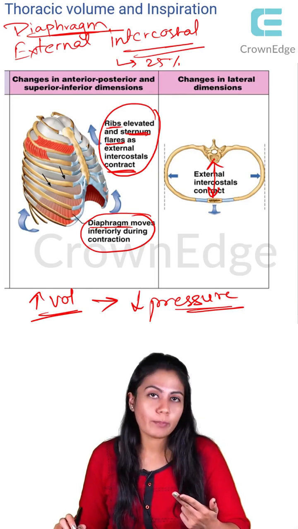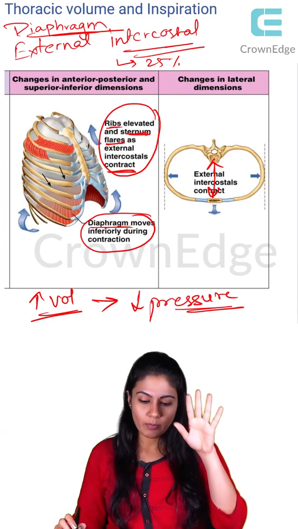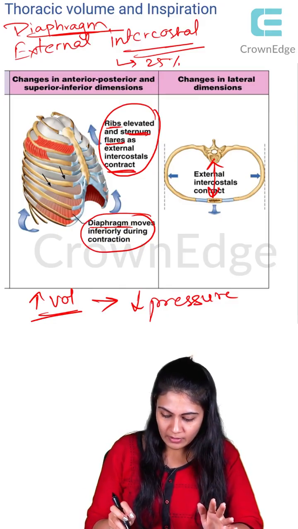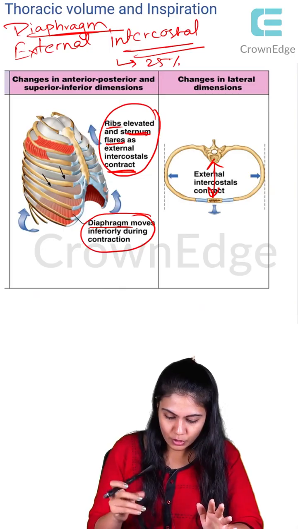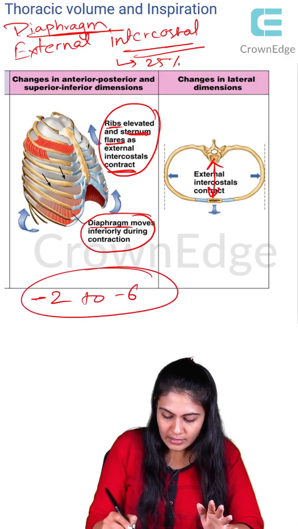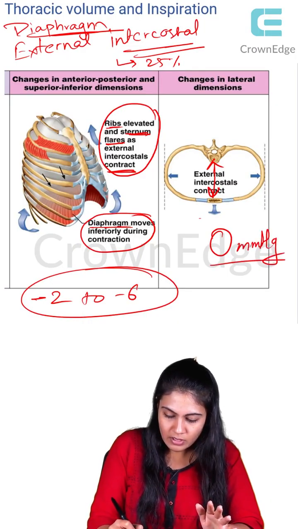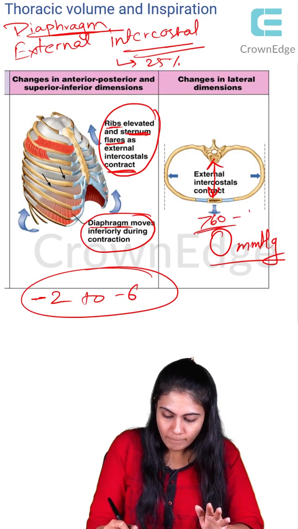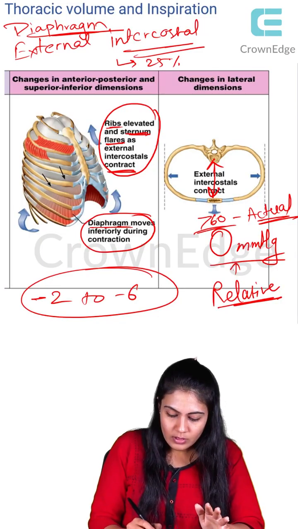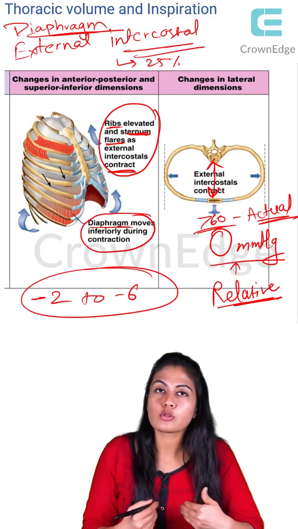Suppose the pressure inside the lung goes down to -2 to -6, and in the environment it is 0 mmHg. Remember the 760 which I told you, that is the actual pressure, and the 0 we are talking about is the relative pressure. So the -2 and -6 are also relative pressures.